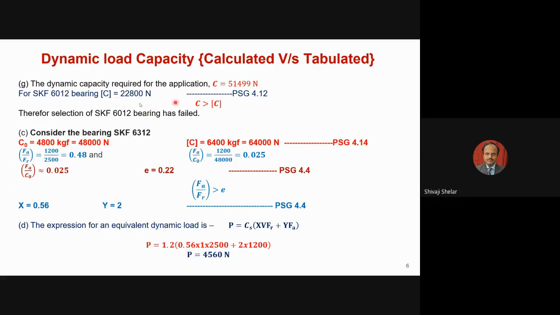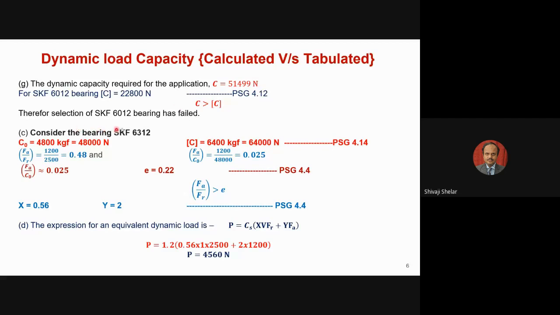The tabulated value for the bearing 6012, which we have already taken from the table, is 22800. The calculated value from the previous slide is 51,499 Newton.